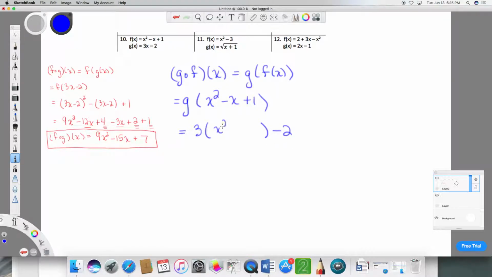This time the input is x squared minus x plus 1. And if we distribute the 3 and then combine our constant terms, we'll have our answer. So we'll have 3x squared minus 3x plus 3 minus 2 simplifies to plus 1.